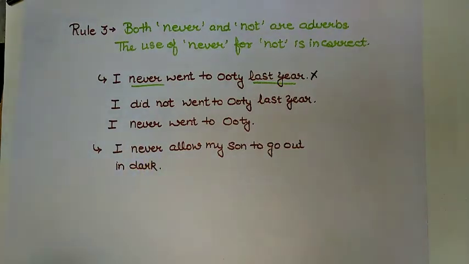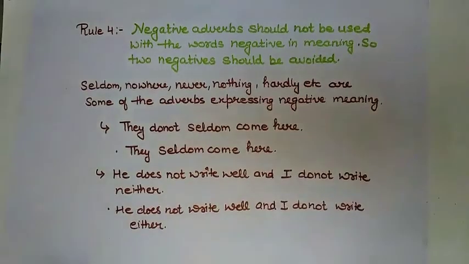The next rule of adverbs is the use of negative adverbs. Negative adverbs should not be used with words negative in meaning. So, two negatives should be avoided. If there are two negative adverbs or they are used with words negative in meaning, they make the sentence wrong logically.